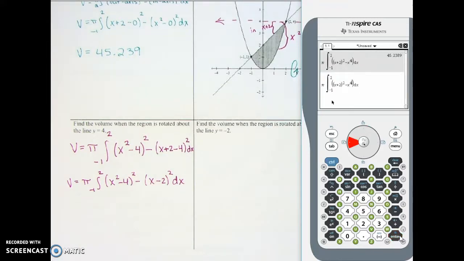Here we go. Look at me cheating, I did copy and paste. Let's do x squared minus 4, minus parentheses x minus 2, squared.